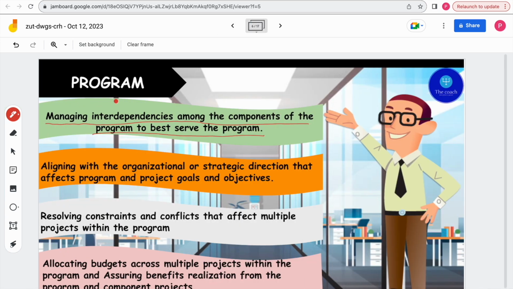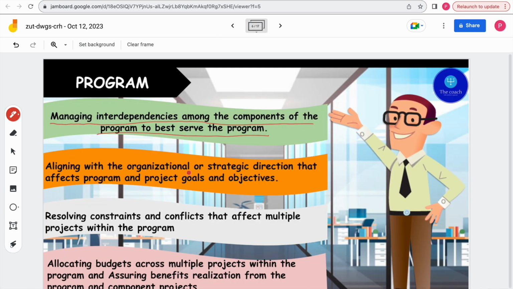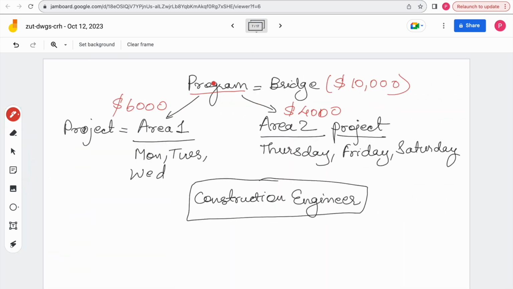Okay, now let's see the next point, aligning the organizational or strategic direction that affects program and project goals and objectives. It is the duty of the program manager to see that whatever projects he is managing give a strategic result which matches the business goal.